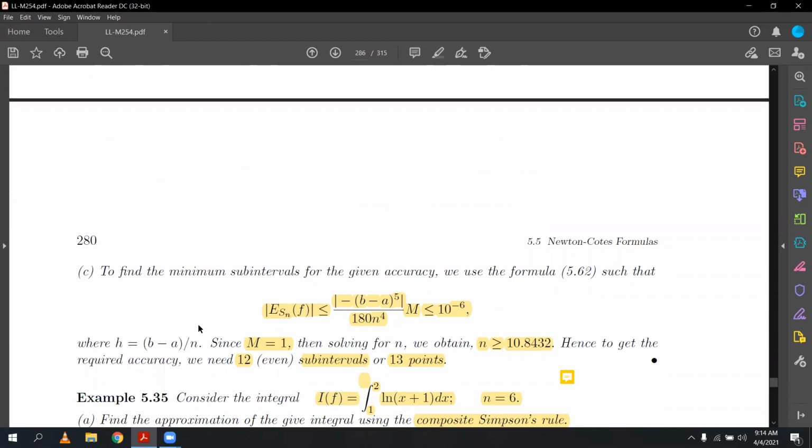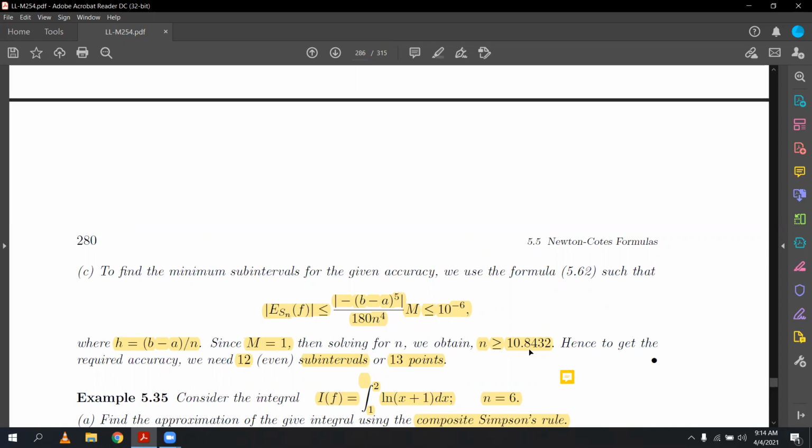In the error formula we have h, but I convert h into n by using this condition: h is always equal to b minus a over n. So by using this formula, we know M is 1, so we only calculate n to the power 4. When you find n to the power 4, take the square root 2 times, and you get the value of n.